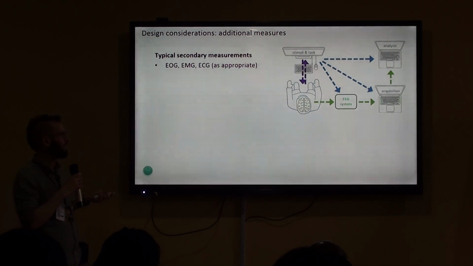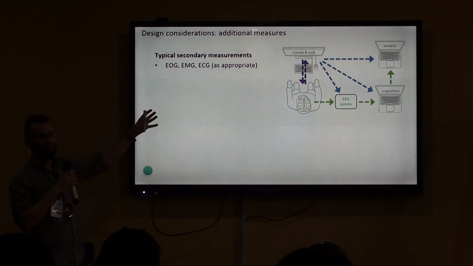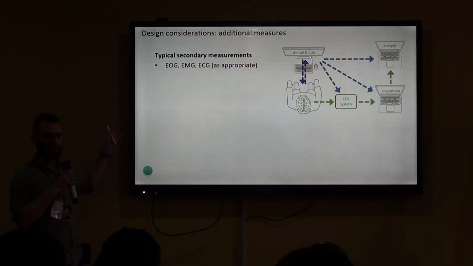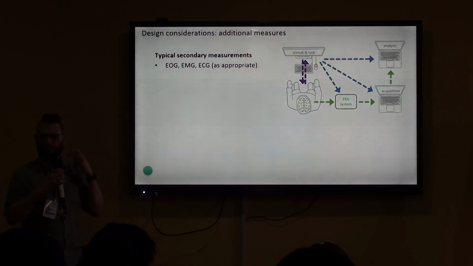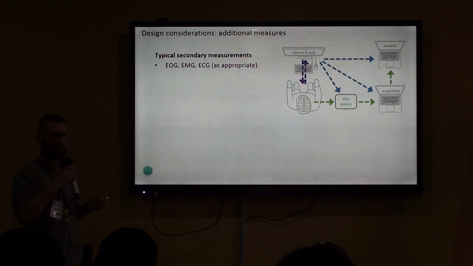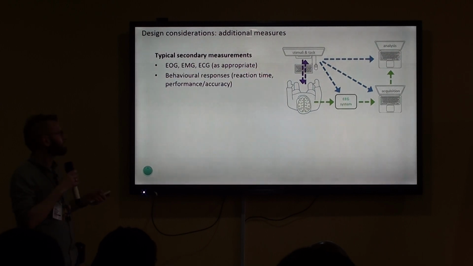So it's not a necessity for all types of recordings, but you could think, in our task, would it be good to have, for example, a readout of some muscular activity if we are afraid that this might contaminate our EEG data.